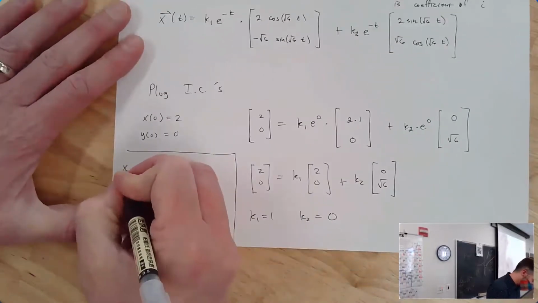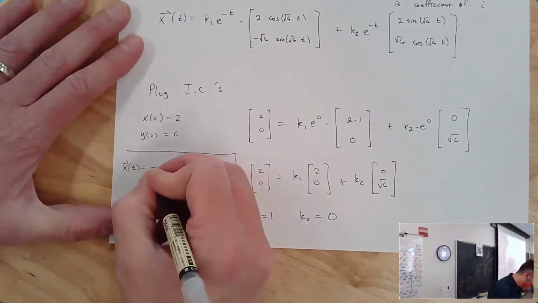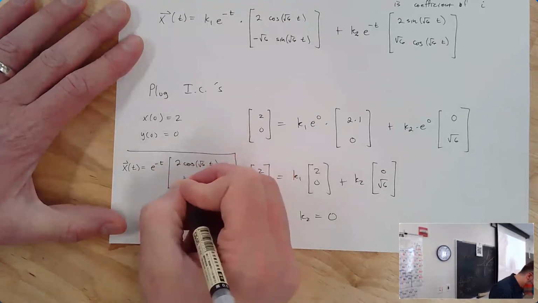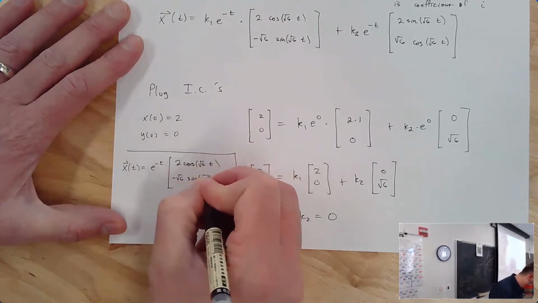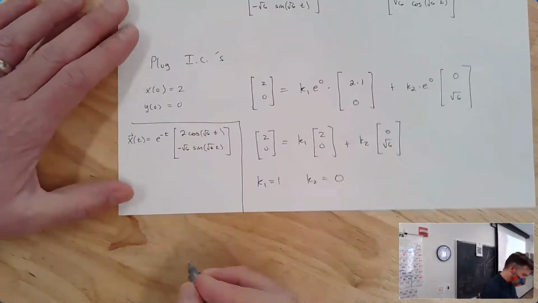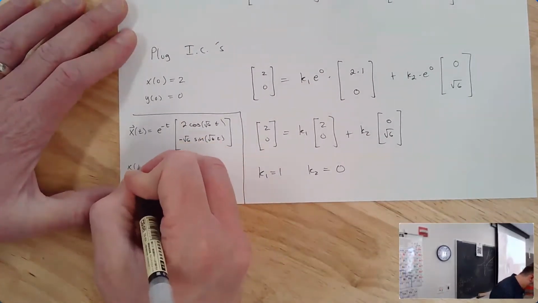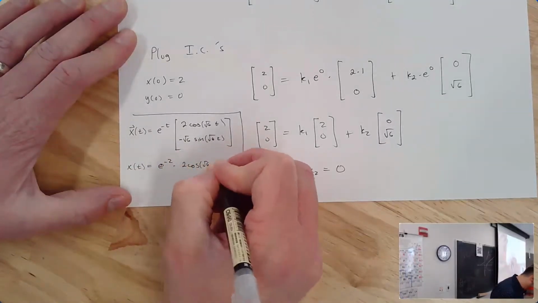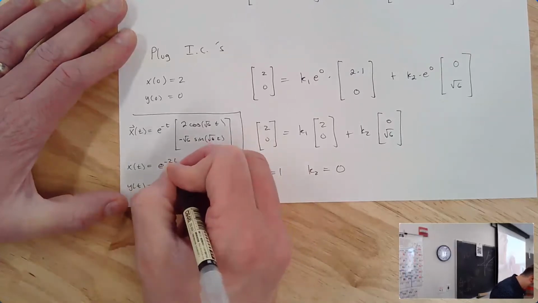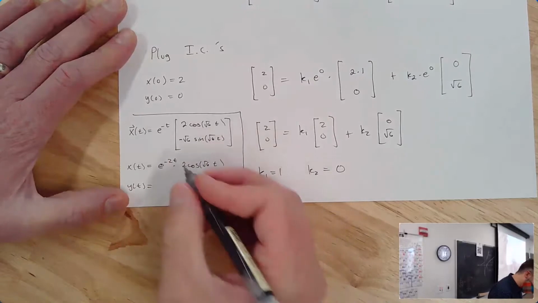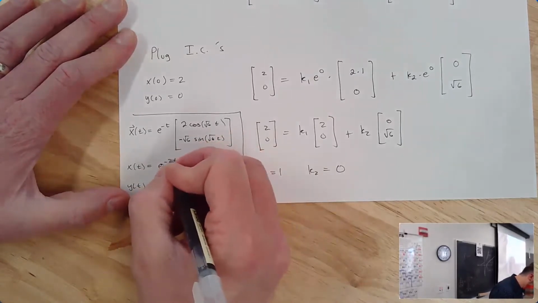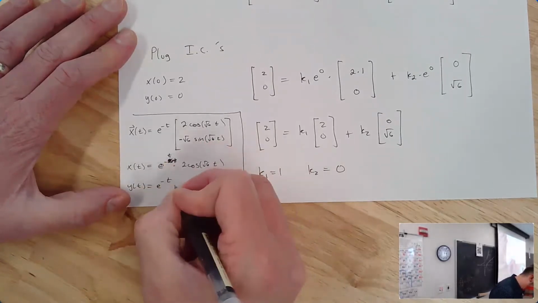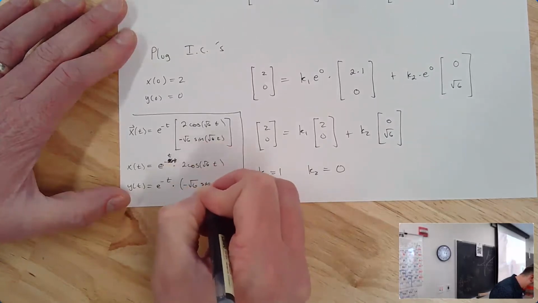Our final solution is e to the negative t times (2 cosine of root 6t, negative root 6 sine of root 6t). Or if you wanted to write them out individually, x of t would be e to the negative t times 2 cosine of root 6t, and y of t would be, sorry, that should just be an e to the negative t, y of t would be e to the negative t times the negative square root of 6 times sine of root 6t.